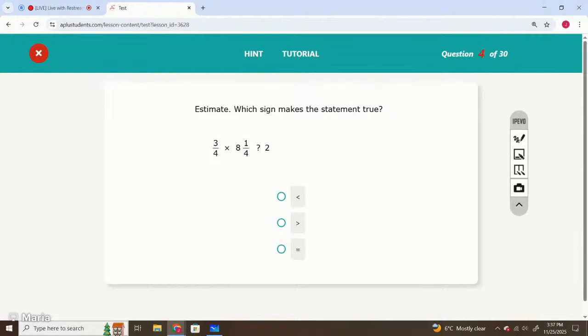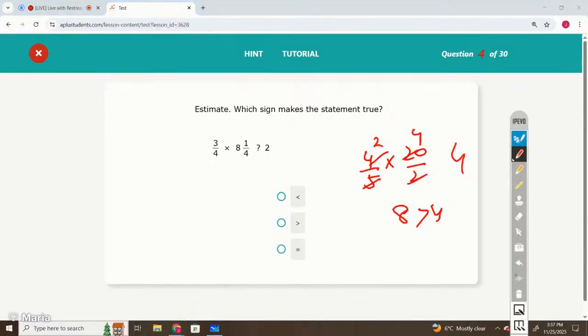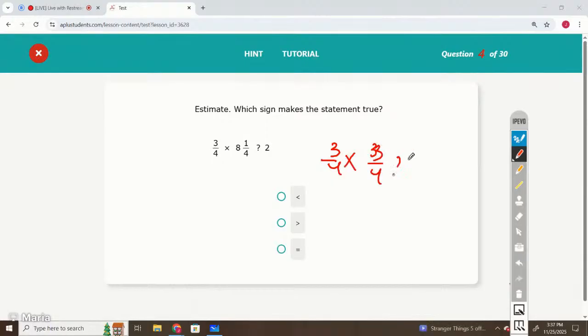3 by 4 times 8 whole 1 by 4. You need to compare it to 2. 8 times 4 is 32 and 1 is 33 over 4.